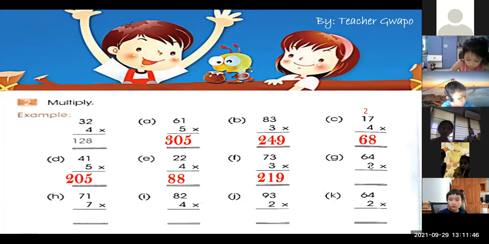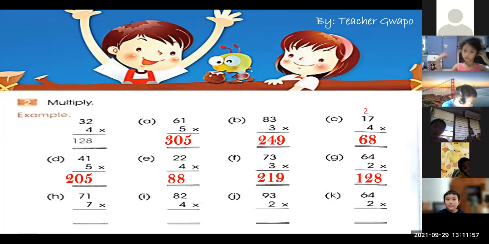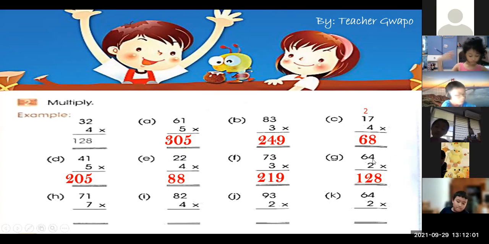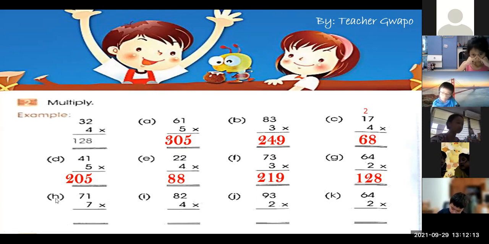Again, 4 times 2 is 8, 6 times 2 is 12. So we have here 128. Again, 2 times 4 is 8, 2 times 6 is 12. That's why we have here 128.